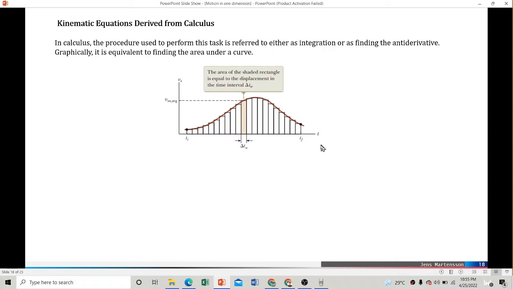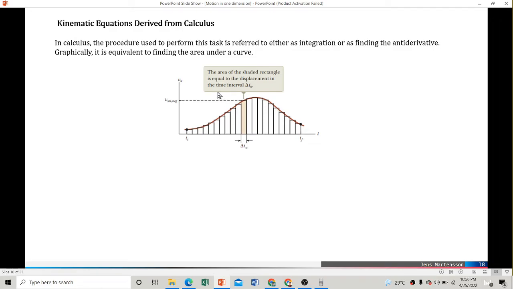Now, referring to this velocity-time graph, let us divide the time interval, from t initial to t final, into many small intervals, each of duration delta tn.